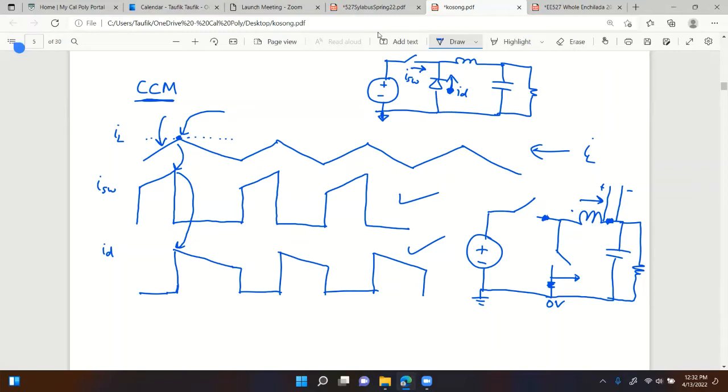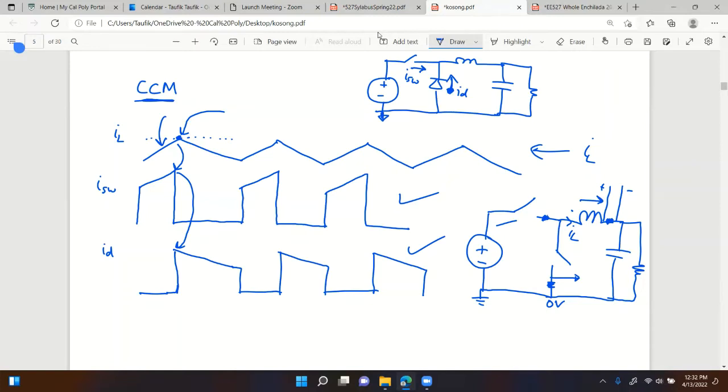The first time it sees the change in the input voltage, it would directly be seen by the inductor, because by KCL, IL is equal to I switch plus I diode. So any change in the upslope here would also be reflected right away in the inductor current. Does that make sense? So therefore, it's as fast.